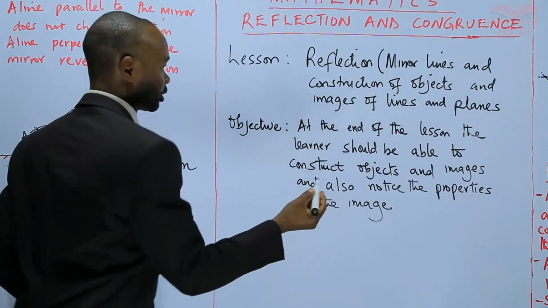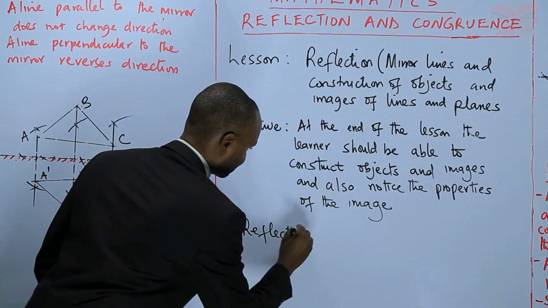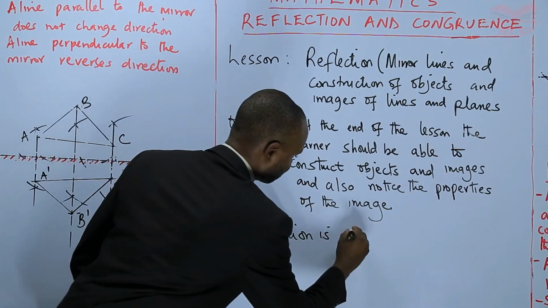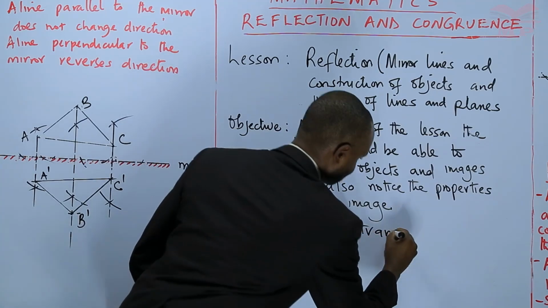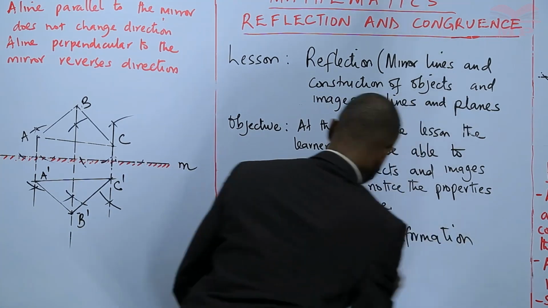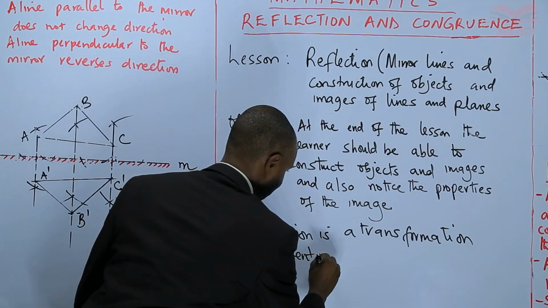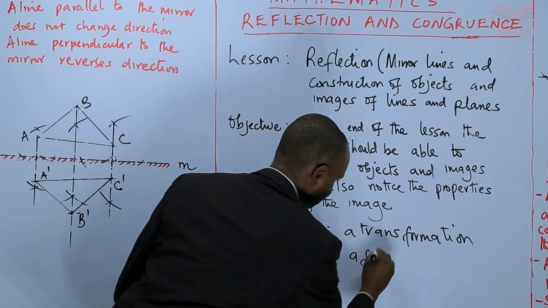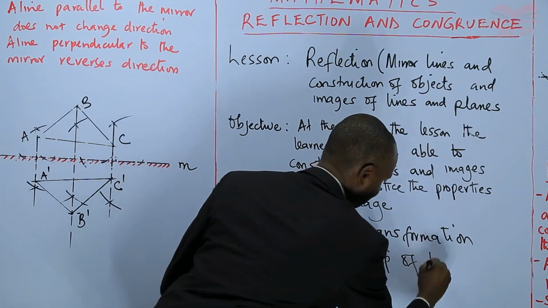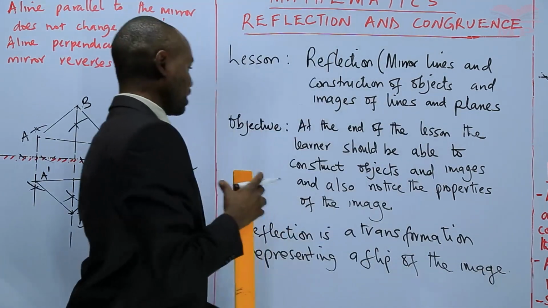So from all this, we realize that reflection is a transformation representing a flip of the image.